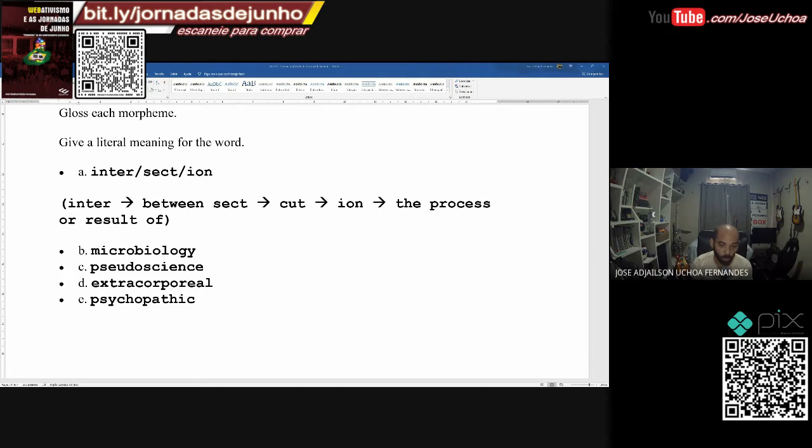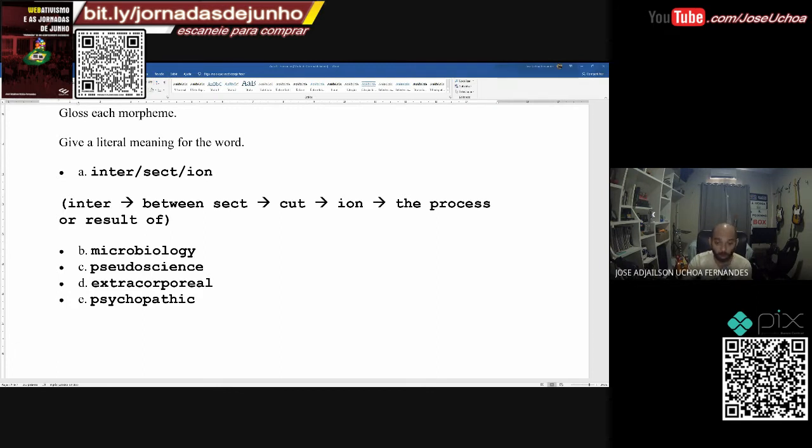You should do it individually, and you have at least 1 week to solve those exercises, and they are part of your evaluation. It's not an exam, it's a kind of reinforcement so that you can review morphology.